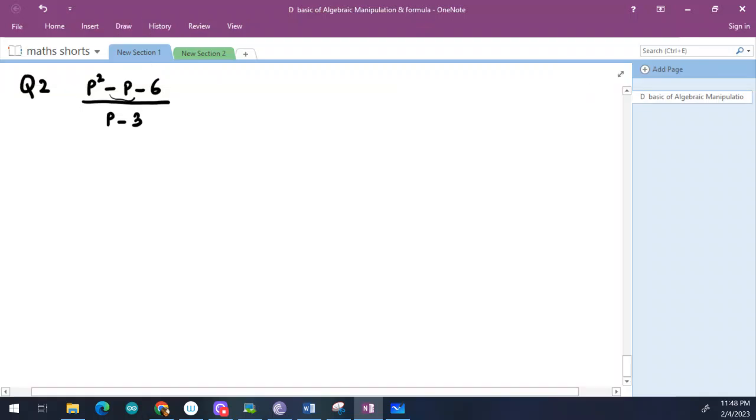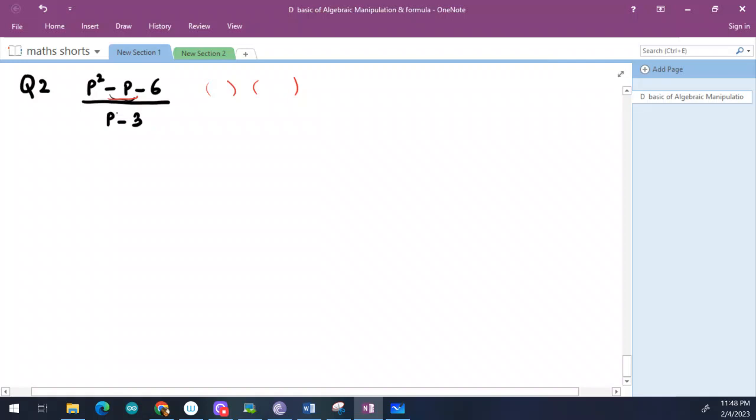We need to break this in such a way that we get two bracket terms in the numerator, and one term should be p minus 3. This is our main concern.